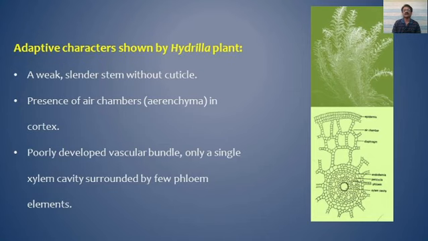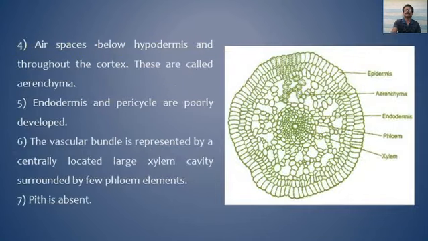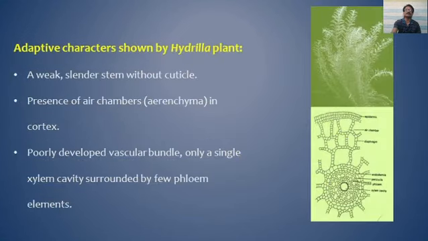Again, you might have seen in the earlier slides that these cells of the stem also have chlorophyll pigments. That means the entire plant body along with the leaves performs photosynthesis. Therefore they do not have much developed phloem either, because phloem carries the food material.